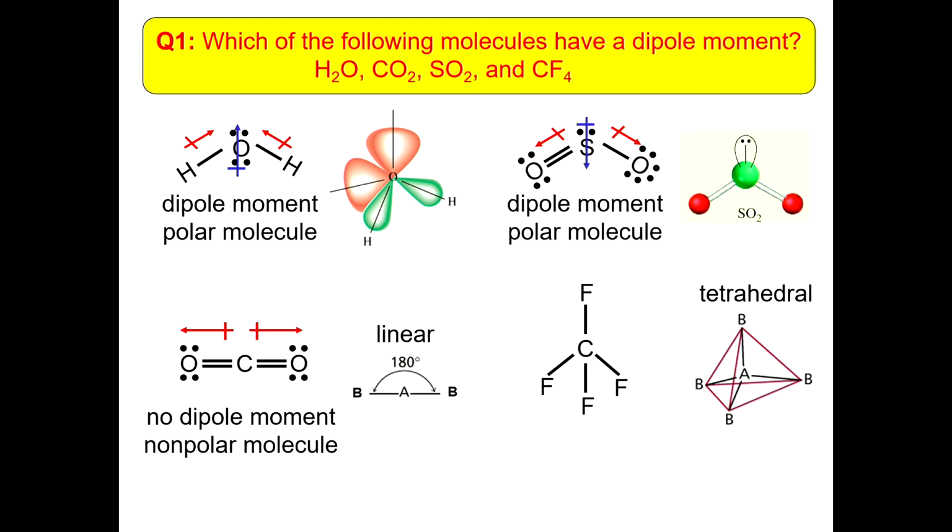So when we determine the polarity of the molecule, we need to know their geometry. It depends on their geometry. So in this geometry and also in this geometry, they are nonpolar. But in this kind of geometry, they are polar.